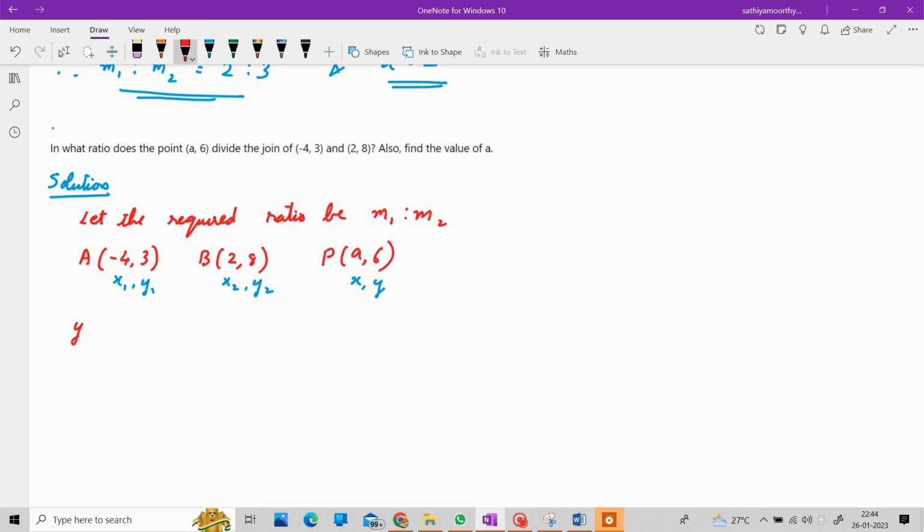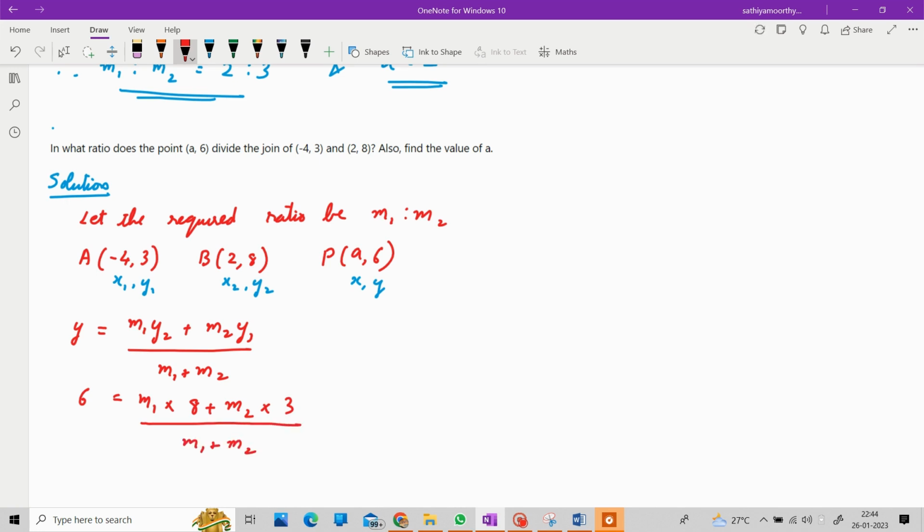The section formula is y is equal to m1 y2 plus m2 y1 by m1 plus m2. So let me substitute it. Y is 6, m1 is, I have to find out, into y2 is 8 plus m2 I need to find out, into y1 is 3 divided by m1 plus m2.